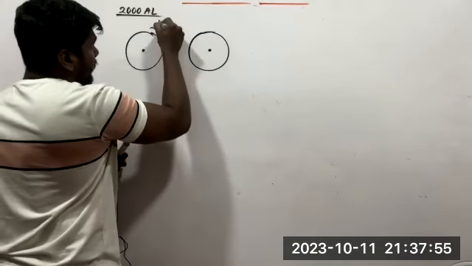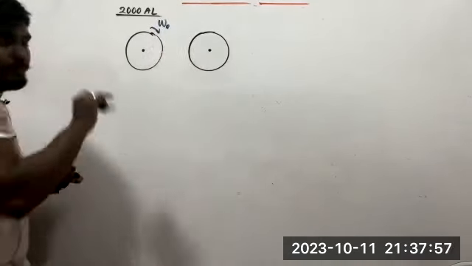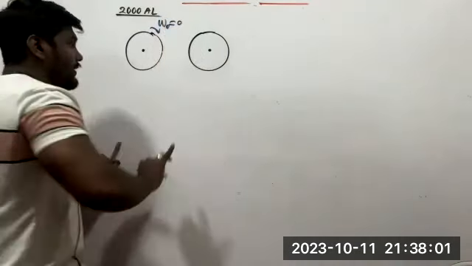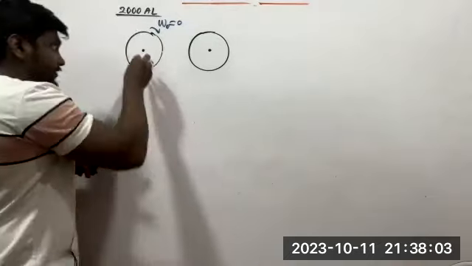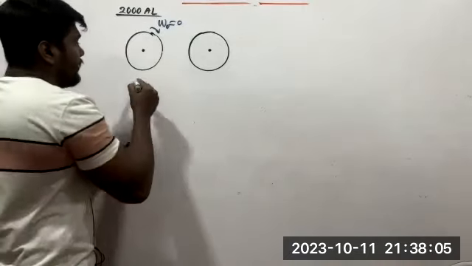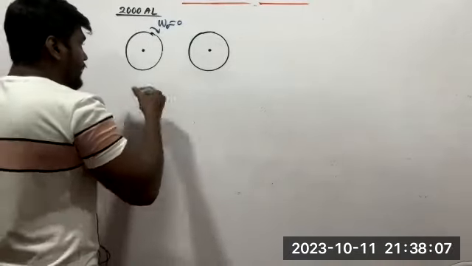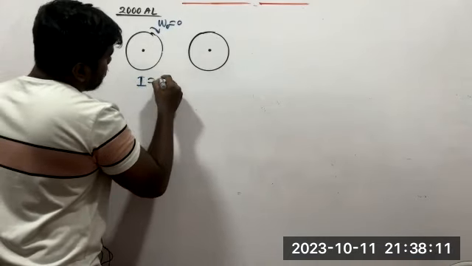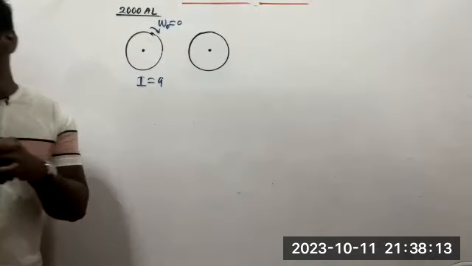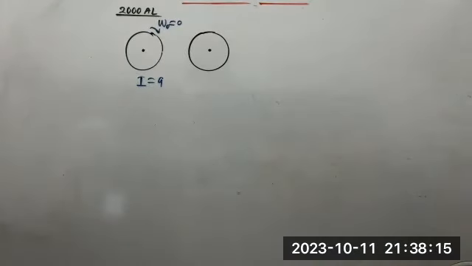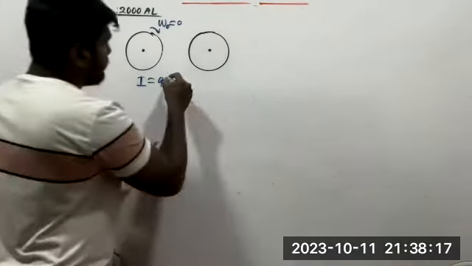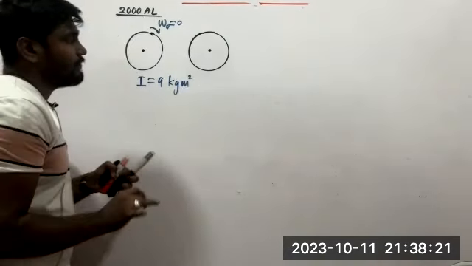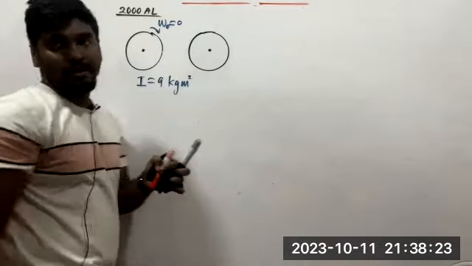Then they mention that the moment of inertia of this flywheel, capital I, equals 9 kg m squared.